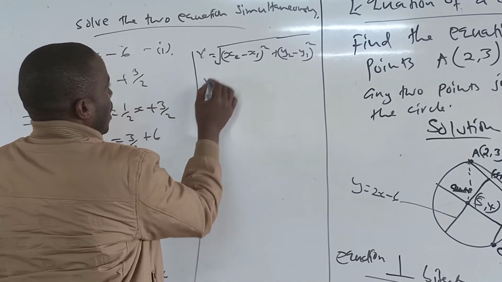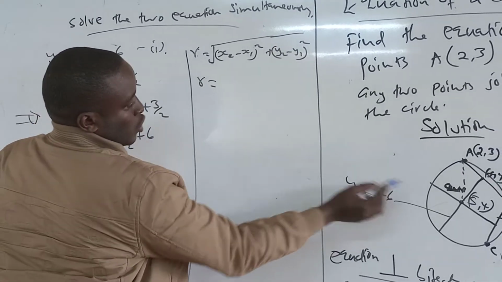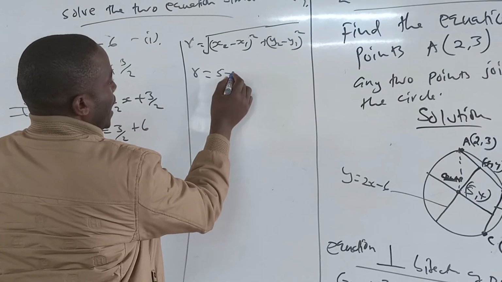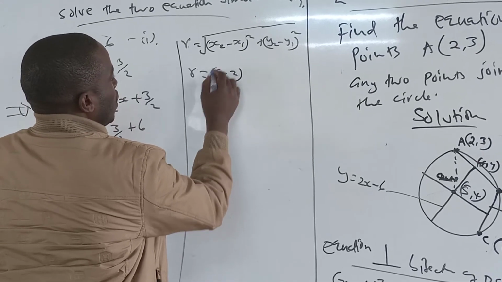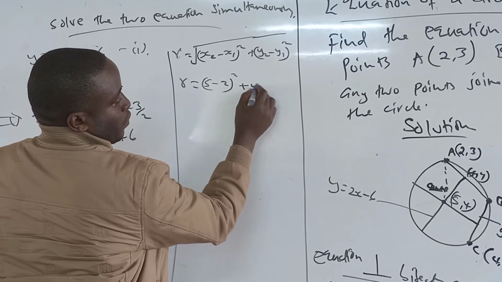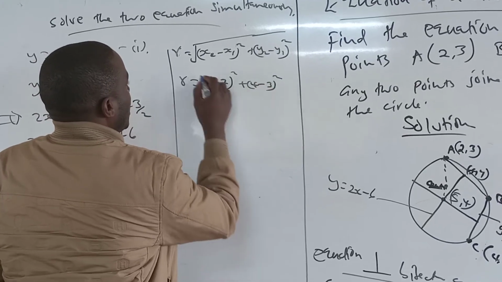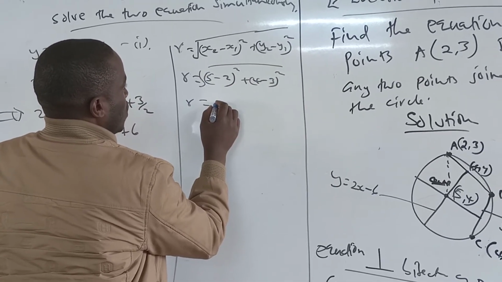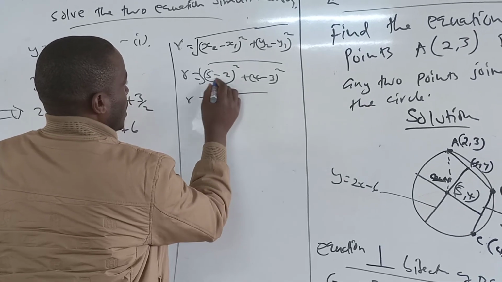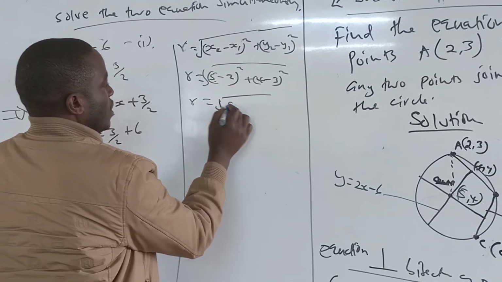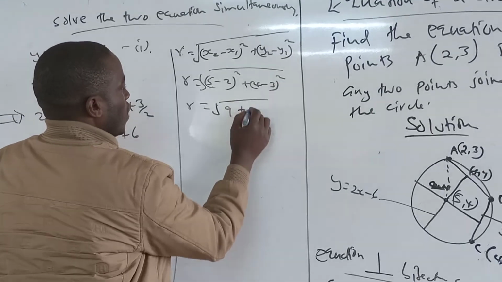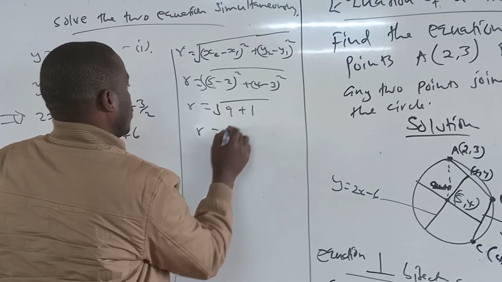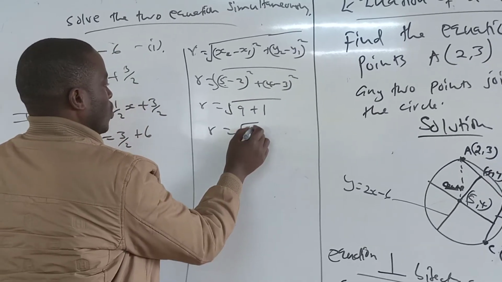So r equals the square root of 5 minus 2 squared plus 4 minus 3 squared, that is 3 squared, which is 9, plus 1 squared, which is 1. So r equals the root of 10.